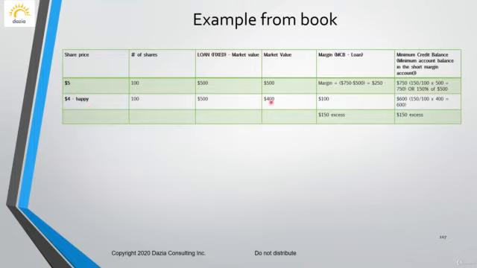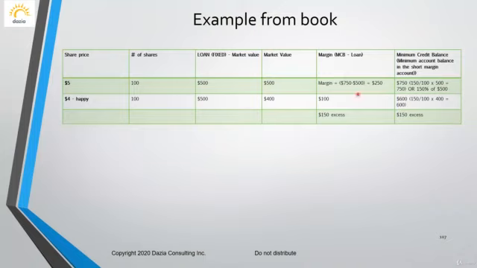Now, if the price goes down, the client is going to be happy. Now the market value is $400. And 400 times 150% is equal to $600. And the $600 minus the loan amount, the difference between the MCB, the minimum credit balance, 600, minus the loan amount of 500, that difference is $100.